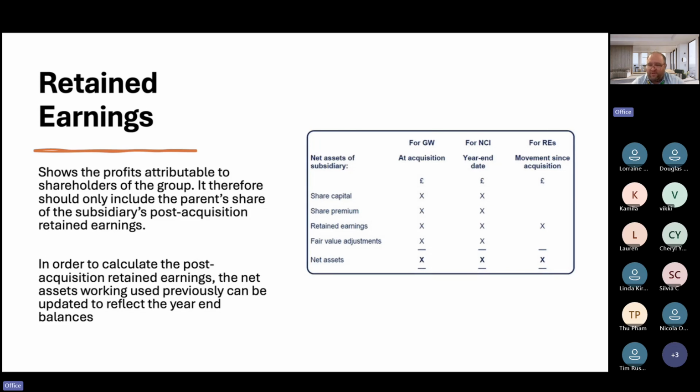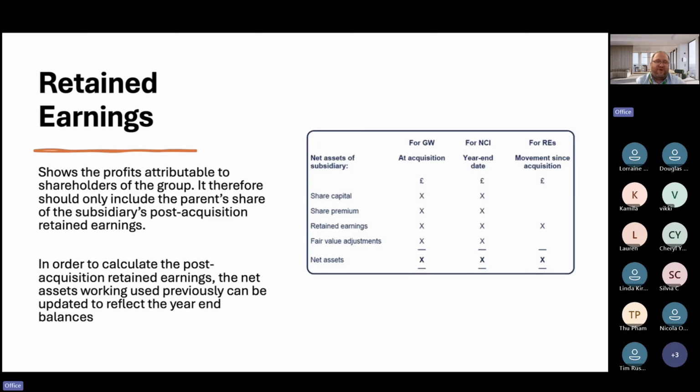At some point that profit can be distributed to shareholders by way of a dividend. So retained earnings is ultimately retained profit less dividends.